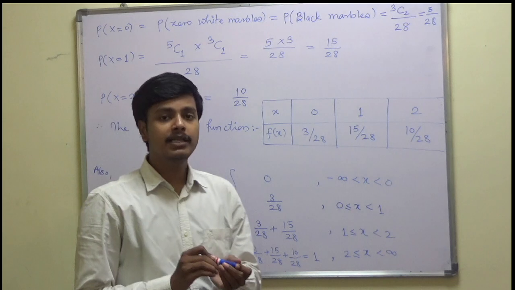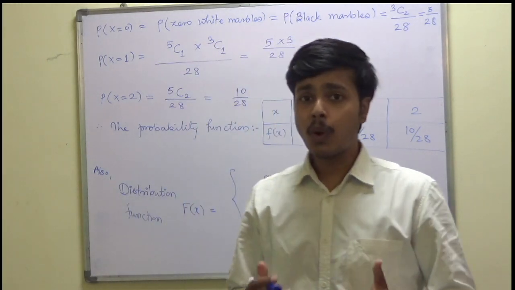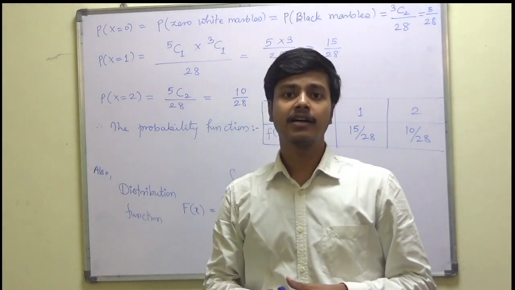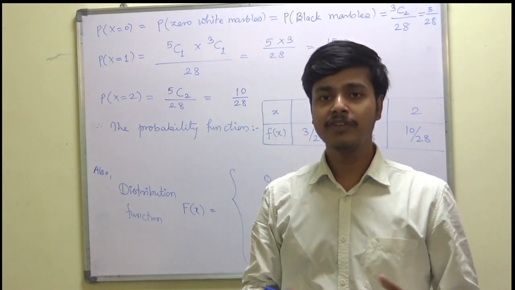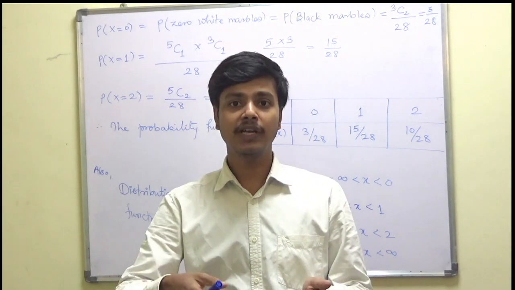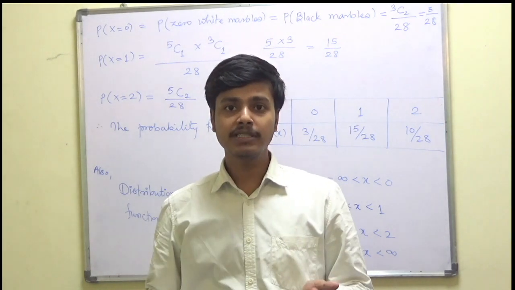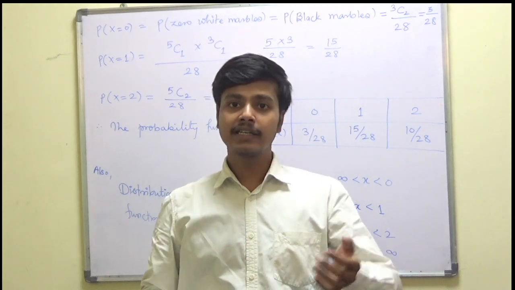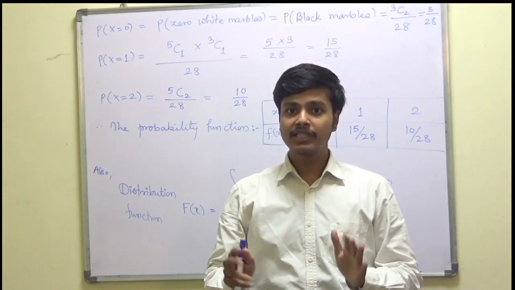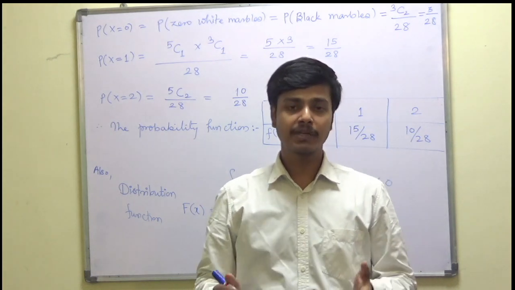So this is the problem that we have taken without replacing the marbles. We have a bag containing 8 marbles, we take out 1 marble and then take out another marble. This is without replacement. Now what does with replacement mean?